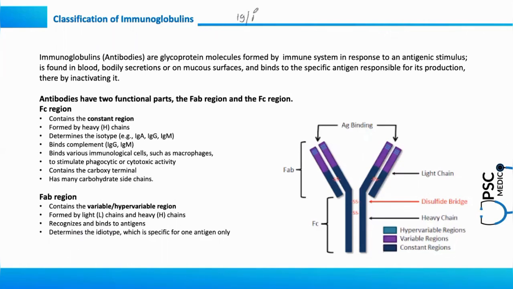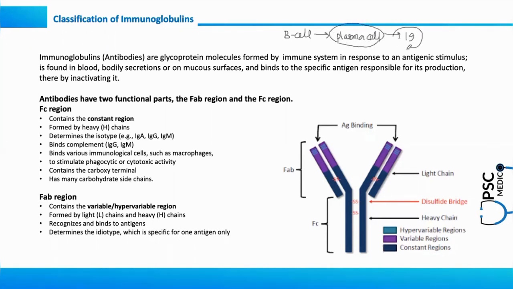Immunoglobulins are the antibodies produced in the body, and are part of humoral mediated immunity, because they are soluble factors secreted by B cells after transforming into plasma cells. So the plasma cell will release all these immunoglobulins.